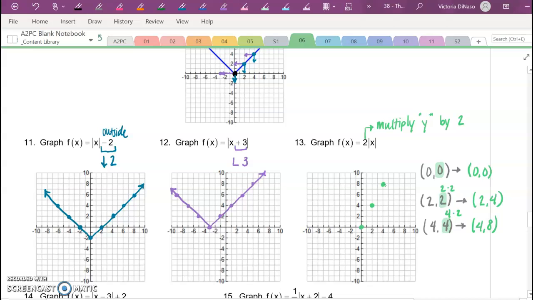You could have picked like 1, 1, or 3, 3, or 5, 5, 6, 6. So that's the right-hand side of my graph. The left-hand side is a reflection. And there's my graph at number 9.